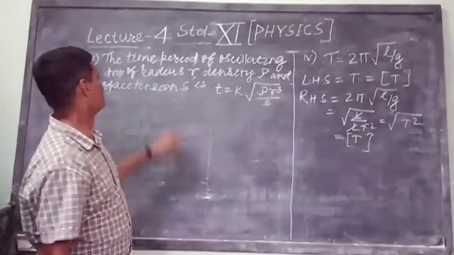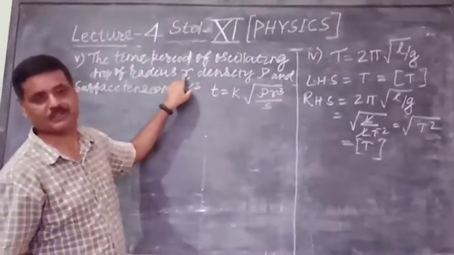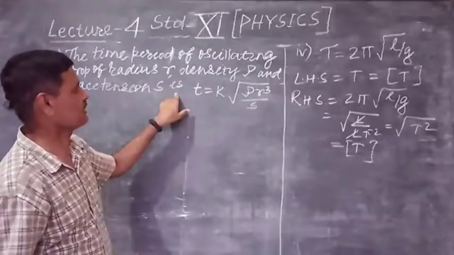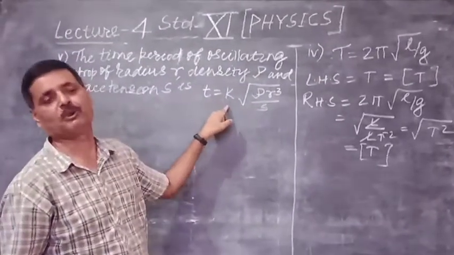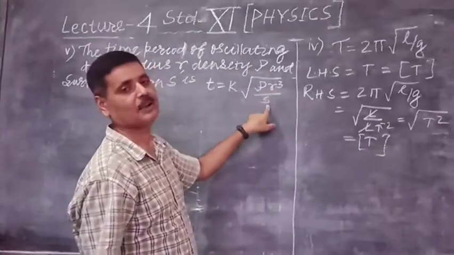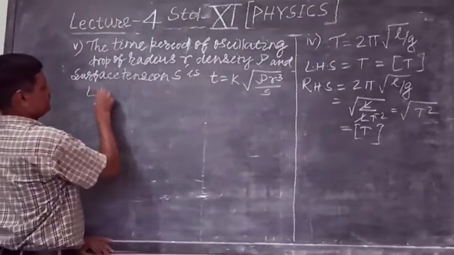Fifth example. The time period of an oscillating drop of radius r, density rho and surface tension S is given by T = k√(ρr³/S). The LHS term is very easy.